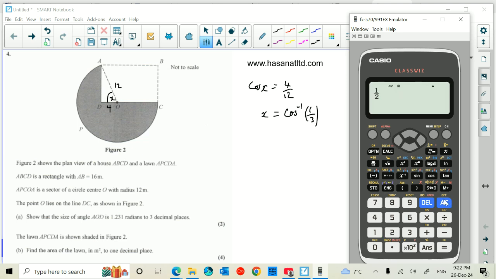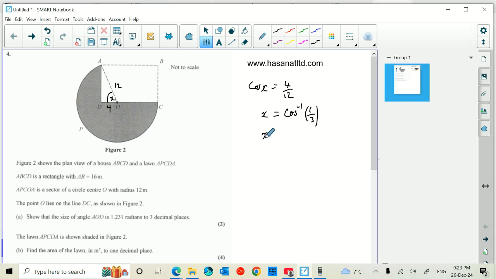Shift, inverse cosine, 1 over 3, close brackets, equals, and there you go, 1.231. So I've shown that x is equal to 1.231 radians, and that's your 2 marks.